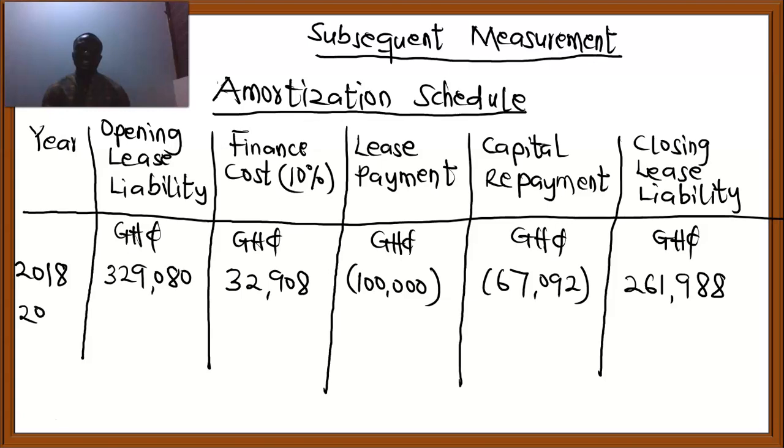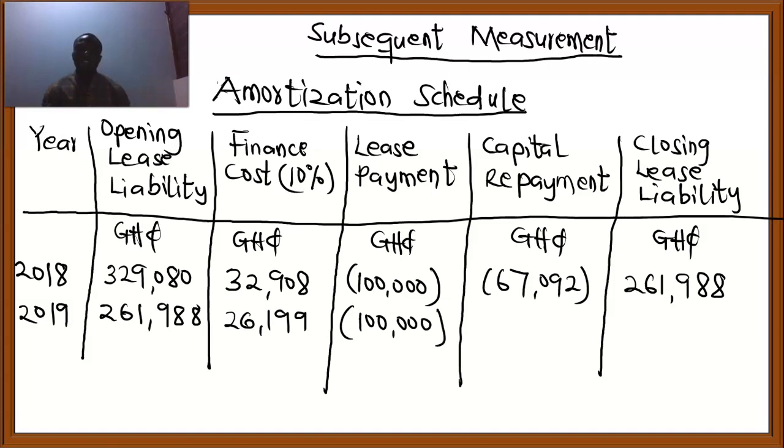We go to 2019. The opening balance will be the closing balance for the previous year, so we have 261,988. We find 10% of that, we have 26,199. That is if you round it off to the nearest whole number. The lease payment is still 100,000.